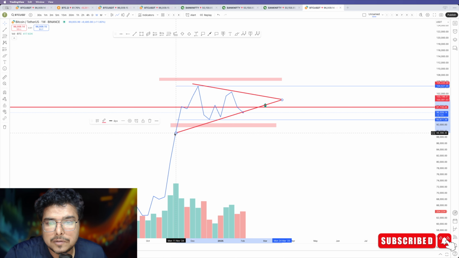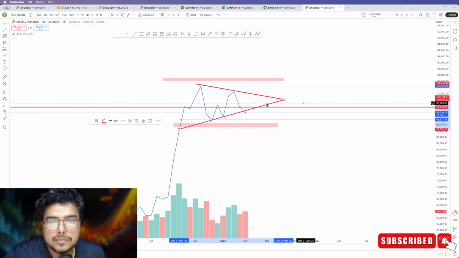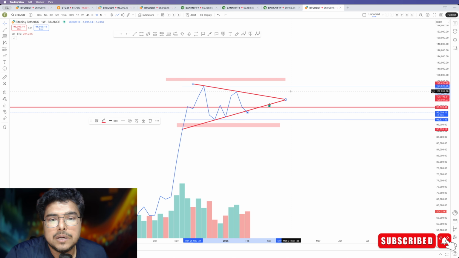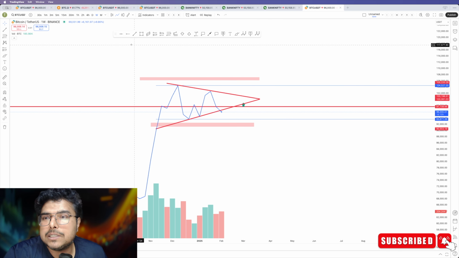Okay, so if I do it, this is the line. It is slightly below there, but we still have Saturday and Sunday, right? So let's see what's gonna happen. It may come in a more narrow range, and then it can break out on the upper side or the below side as well. Okay, so daily and weekly chart we've discussed.